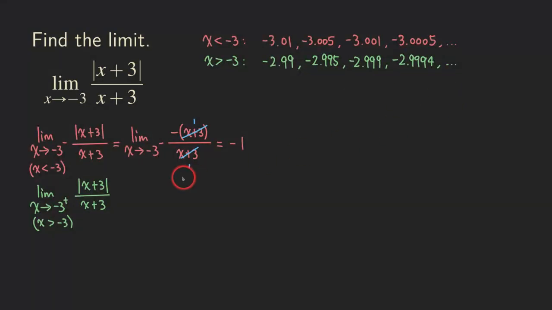Okay, so as you can see, no matter which number you plug in from this list, let's say if you plug in -2.99 right here, 3 minus 2.99, you are going to be getting a positive number. And actually, even if you plug in closer numbers, you are still going to be getting a positive number inside the absolute value.